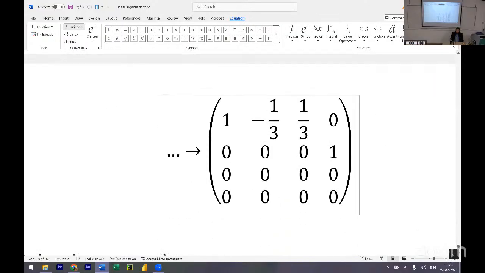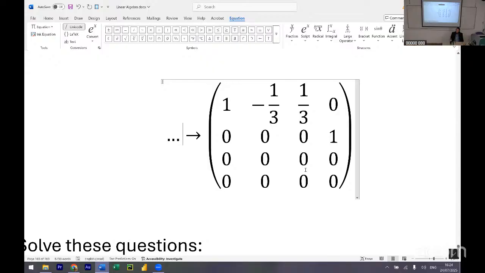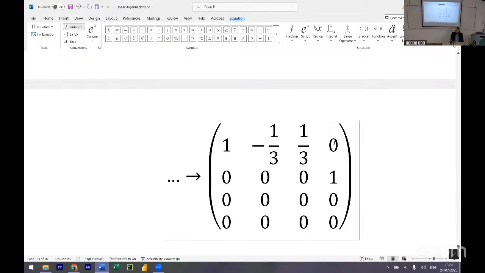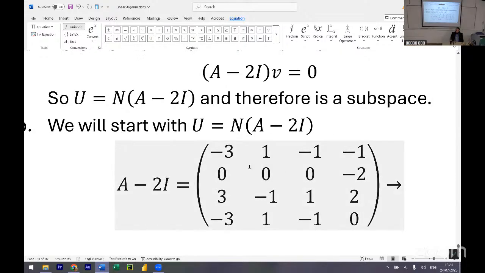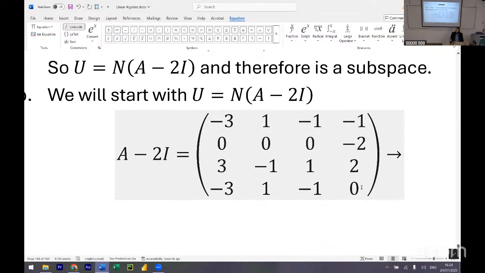Okay. So we have two pivots here, one on the first column and one on the fourth column. If we were asked about the column space, we'll take the first and the third. Wow, it's so easy to see it now. Look at it.